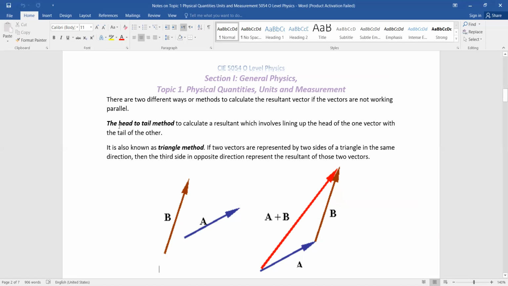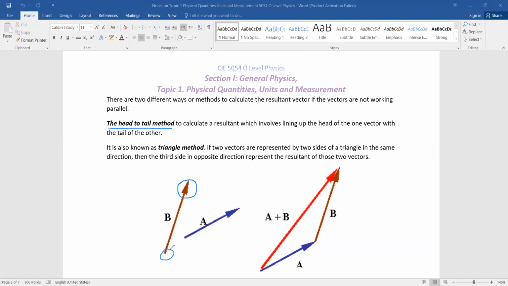The first one, you see here, I gave the head and tail method, and how it works. This one is the head of the vector, and this one is the tail.